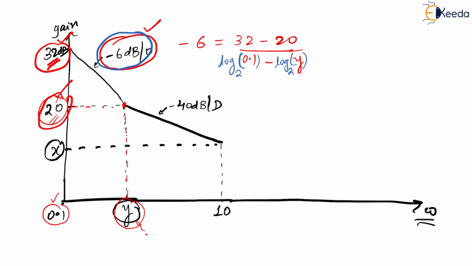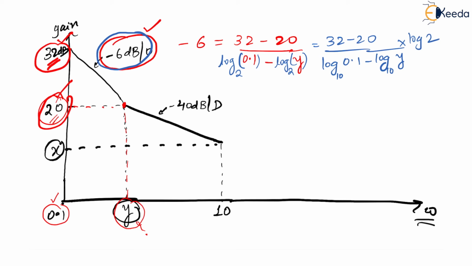Is that right? Yes. Now, if I use the change of base property, then I can also write this as 32 minus 20 upon log of 0.1 to the base 10 minus log y to the base 10, and you can equate it into log 2.